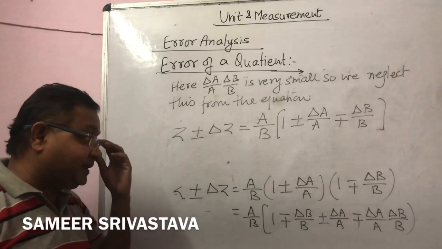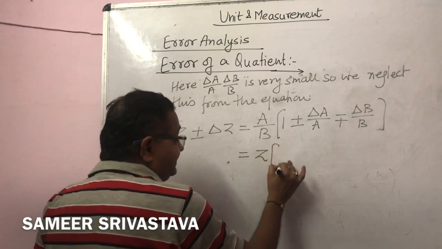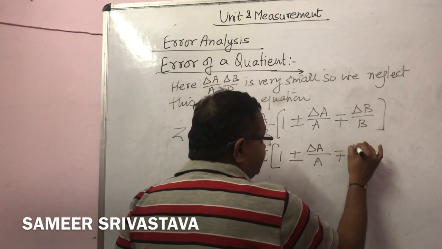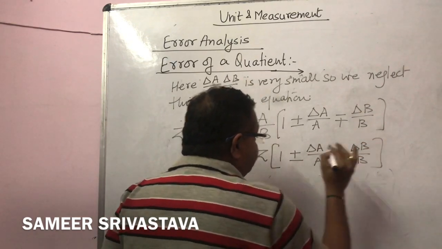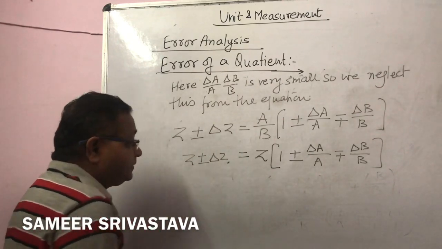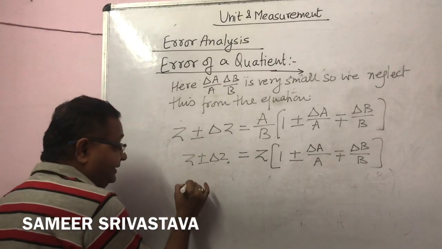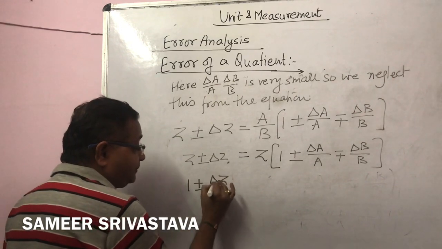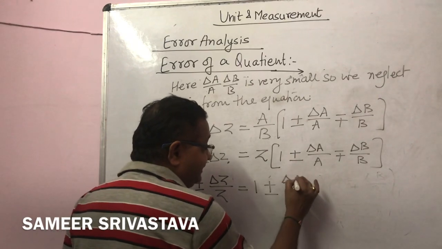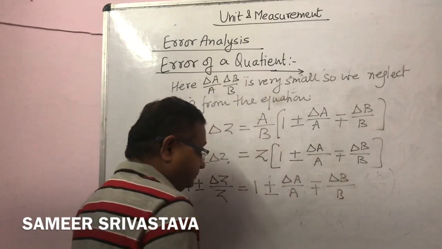Yes, A upon B is Z. So we can write Z, 1 plus minus delta A upon A minus plus delta B upon B, which is equal to Z plus minus delta Z. Now if we divide by Z on both sides, we get 1 plus minus delta Z upon Z is equal to 1 plus minus delta A upon A minus plus delta B upon B.